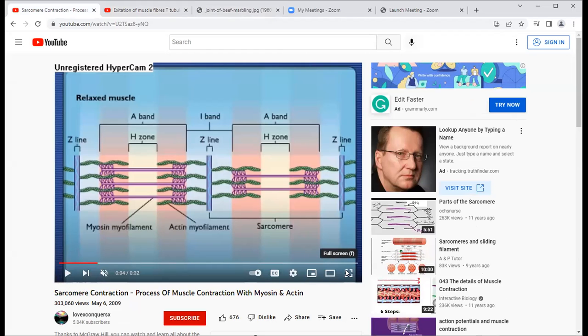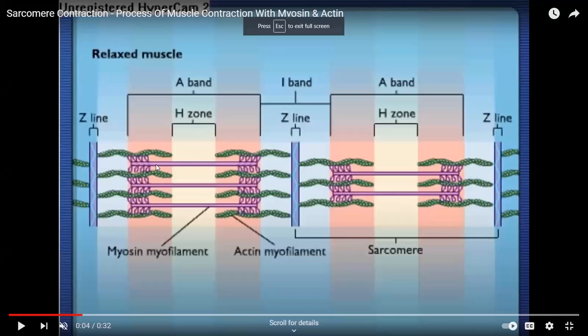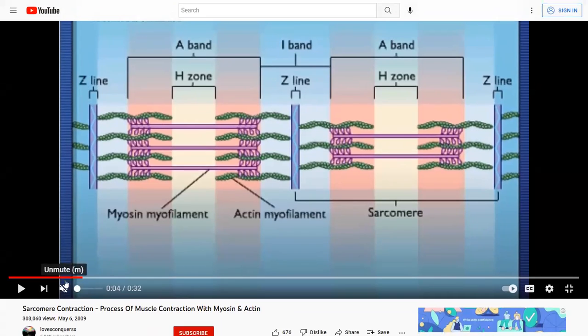And just like in the lab, again, we will be observing the movement of the myosin head group grabbing onto the thin filament. And when you drag the thin filaments closer to the middle, the Z lines will be dragged with it. So this attachment of thin filaments to the Z line is important. Let's start this animation.